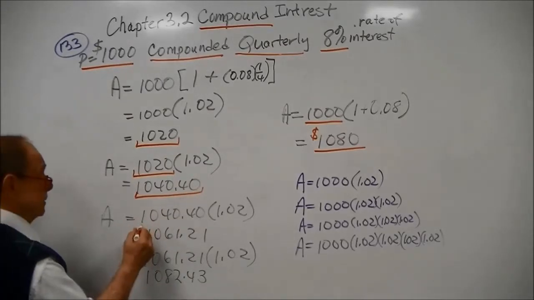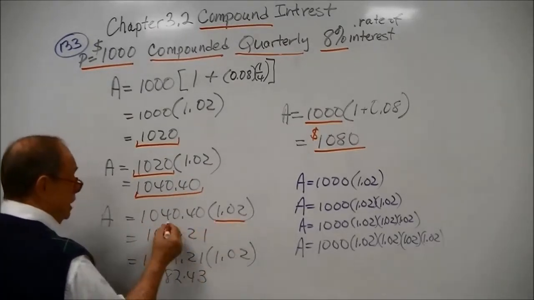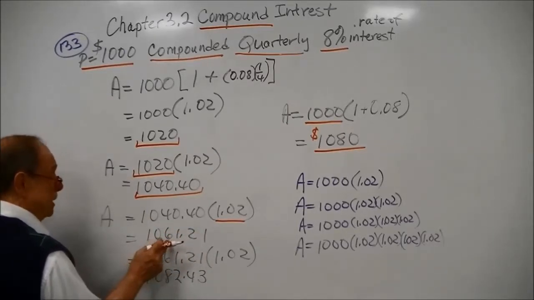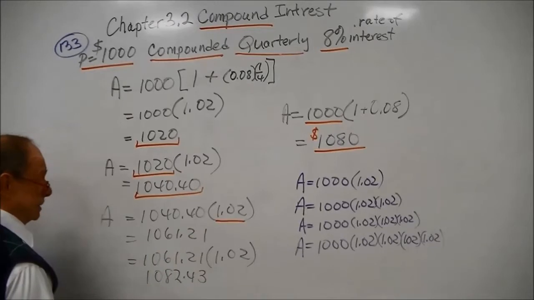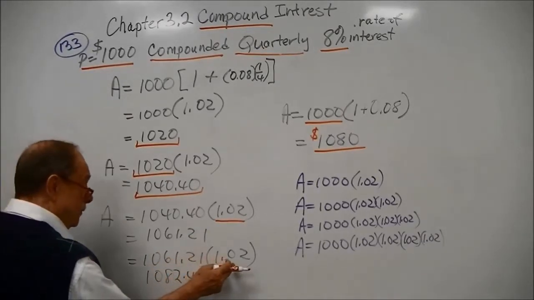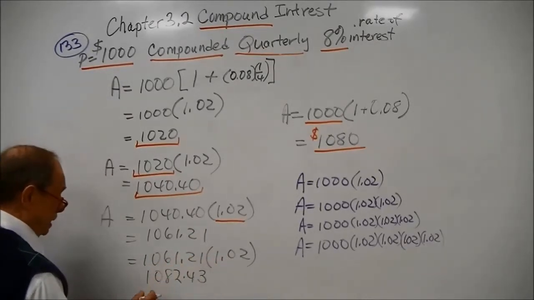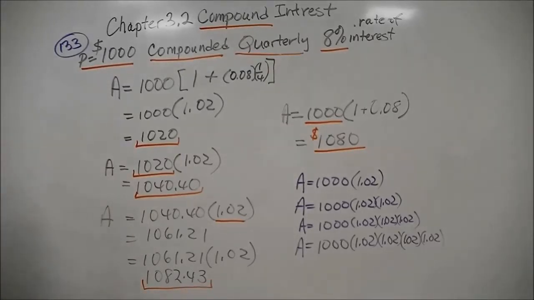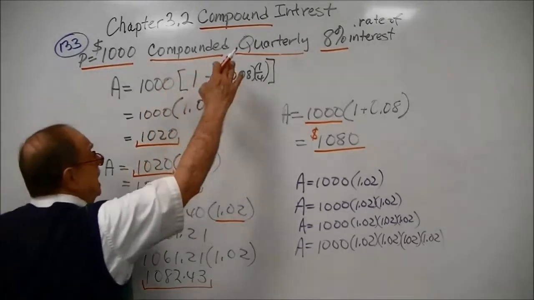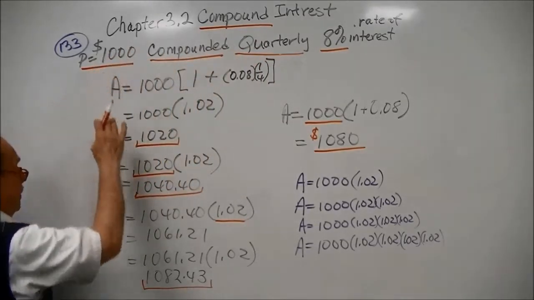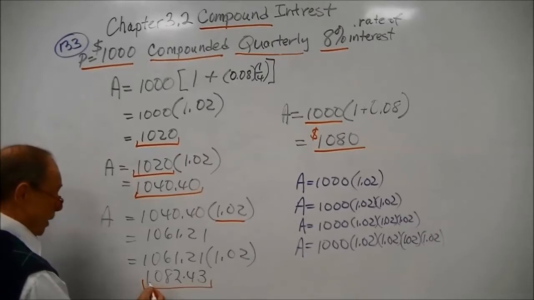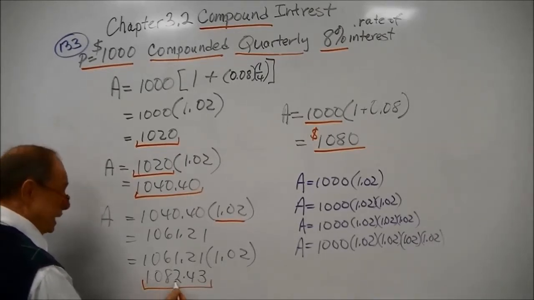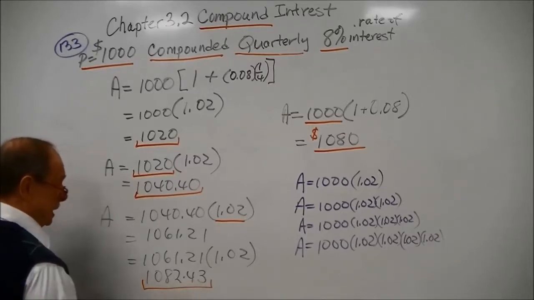And then this continues, and then we now get $1,061.21, and then we do that the 4th time, and we end up with a final amount after we have compounded quarterly at 8%. The $1,000 is now $1,082.43.